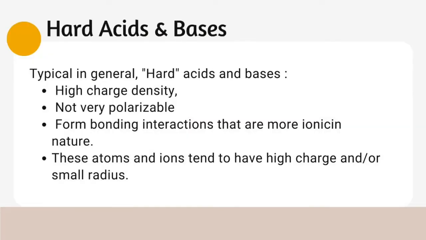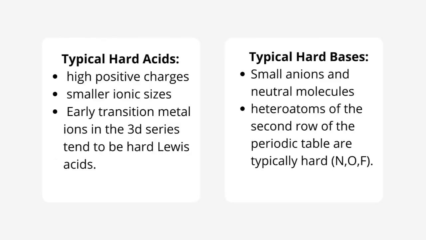And now we talk especially about hard acids and bases. In general, hard acids and bases have a high charge density, are not very polarizable, and form bonding interactions that are more ionic in nature. These atoms and ions tend to have high charge and/or small radius. And this is the typical difference between hard acids and hard bases.